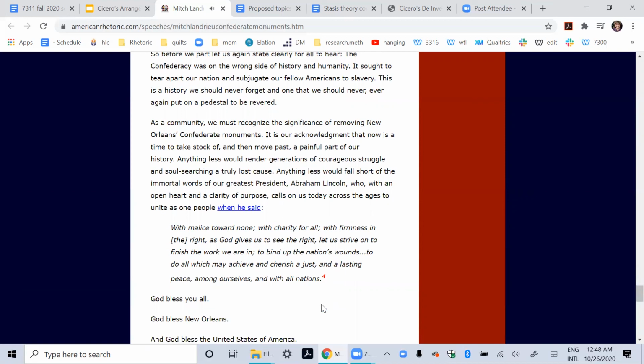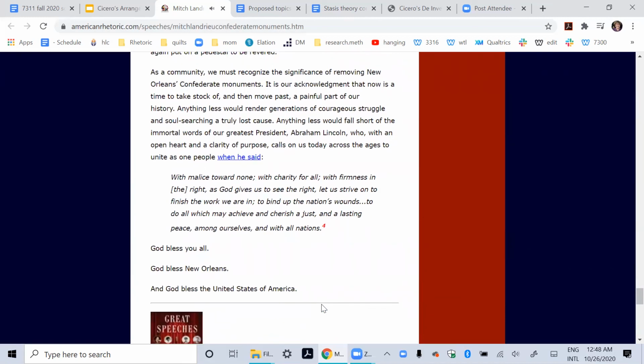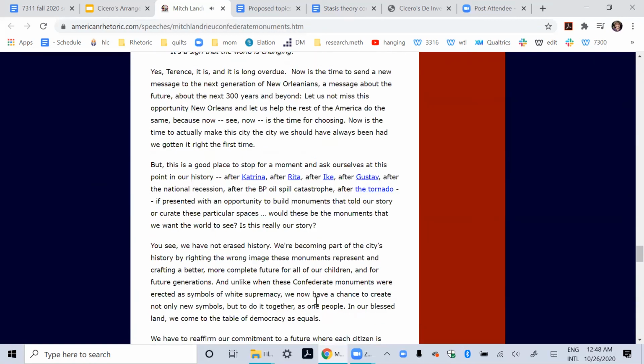Let us strive on to finish the work that we are in, to bind up the nation's wounds, to do all which may achieve and cherish a just and lasting peace among ourselves and with all nations. God bless you all. God bless you all. And God bless the United States of America.